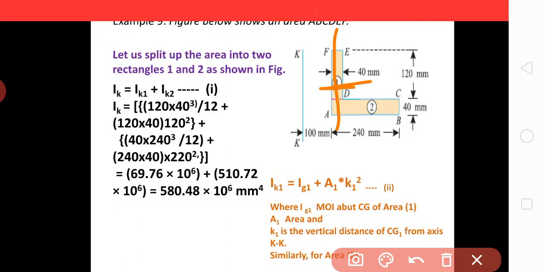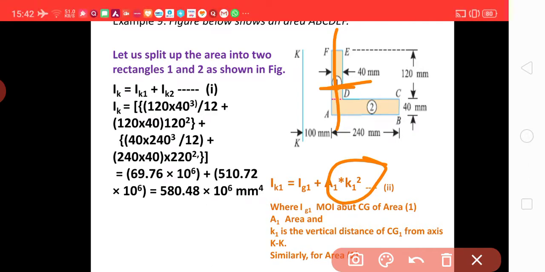It is the centroidal moment of inertia of section 1, plus this A1 K1 square. Area is 120 into 40, plus K1 means how much? 100 plus 20.